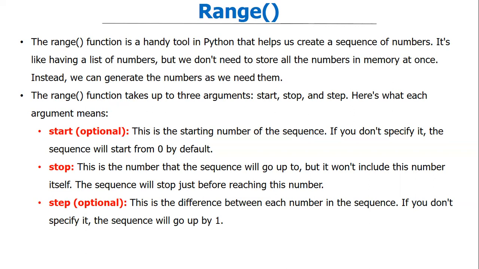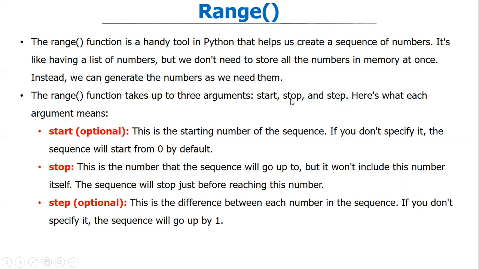Let's say you wanted to start from 1, or from 2, or from 3. You have to indicate the start of your numbers. But in a situation where you don't indicate a start, the count will start from 0. So we have the start, the stop, and the step.